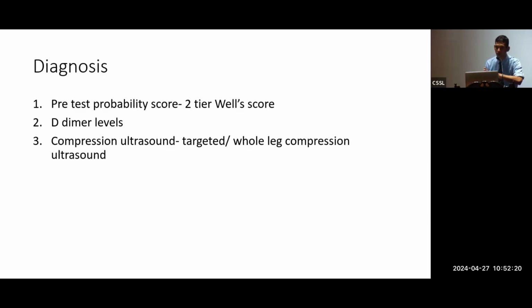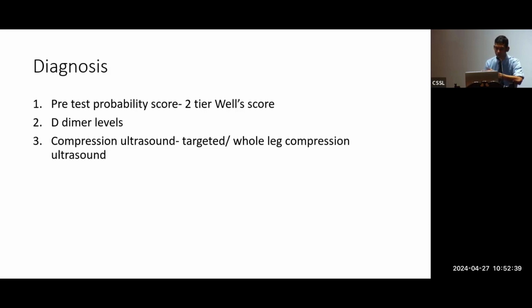So what are the advantages and disadvantages between these two methods? The targeted scan can be done very quickly, and you don't need a lot of technical expertise or a hi-fi scan machine to do this scan. The disadvantage of a targeted scan is you tend to miss calf vein DVT.